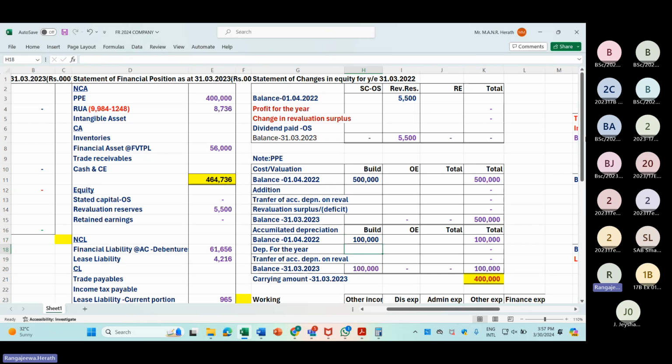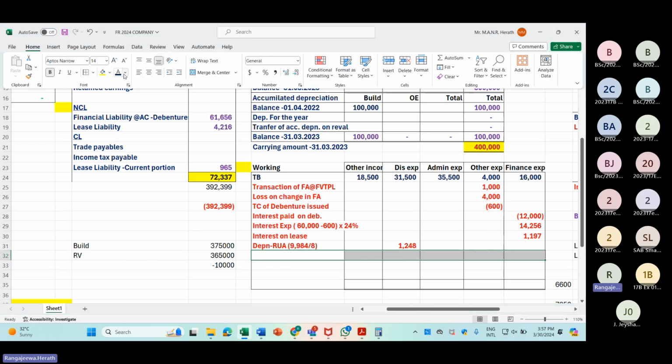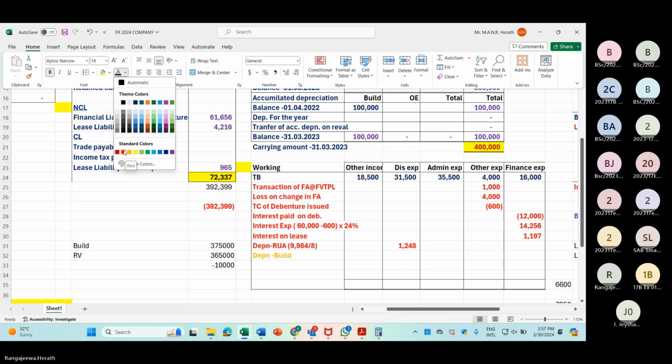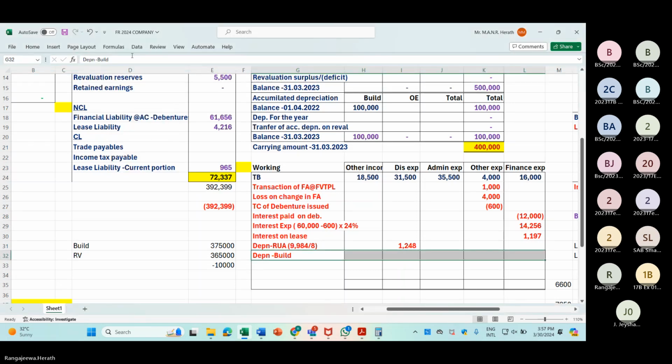Current year depreciation, you can go ahead with the same. Depreciation of building, I'll take as administrative expenses. $500,000 divided by 20.